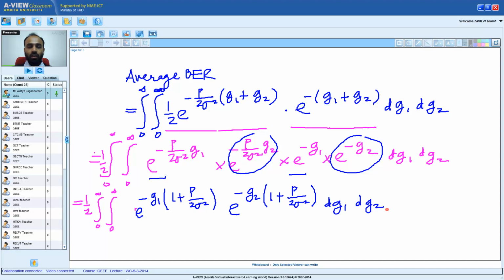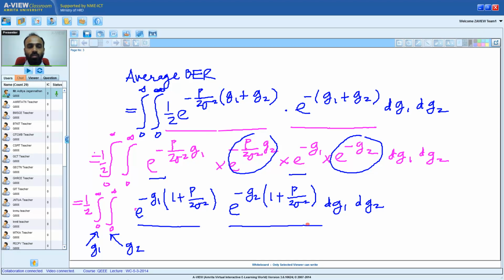So this is what it finally reduces to: half, integral from 0 to infinity, integral from 0 to infinity. The first integral is over G1, the second integral is with respect to G2, correct? Now you can see this is the product of two separate functions, one with respect to G1, one with respect to G2.